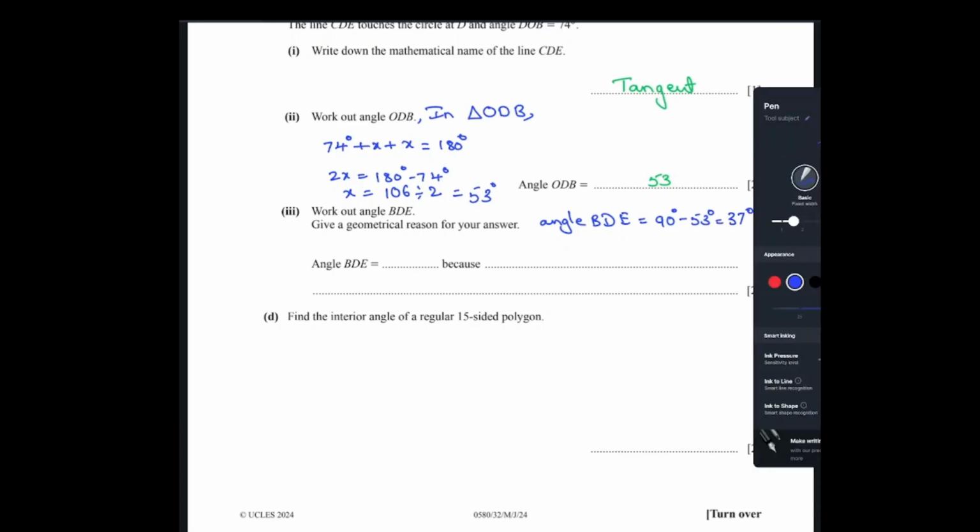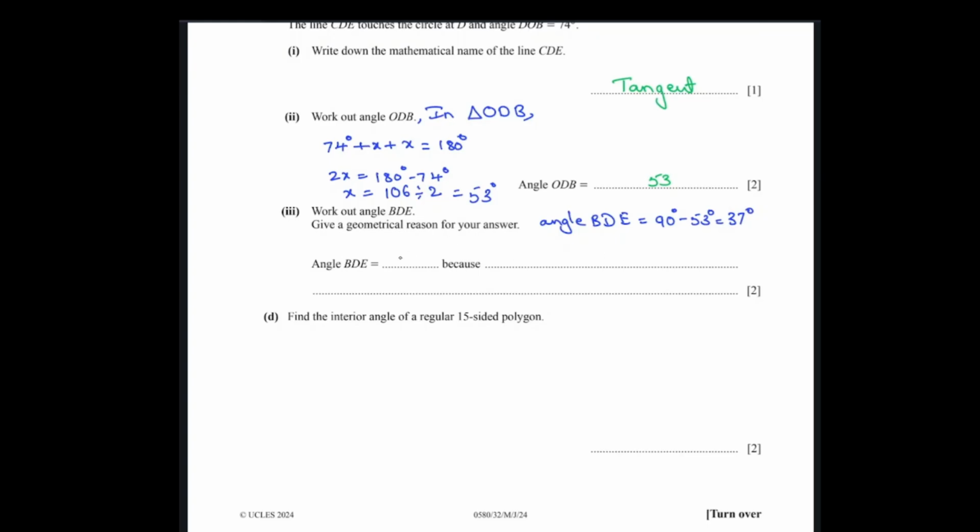So 37 degrees is the answer for angle BDE, because the angle between the tangent and radius is 90 degrees. This is the reason.